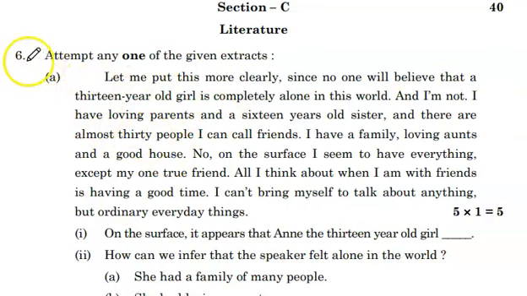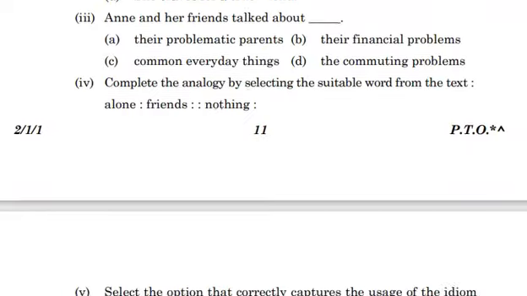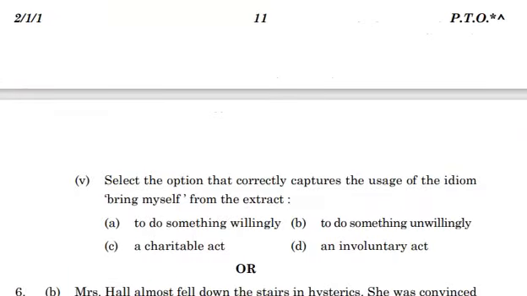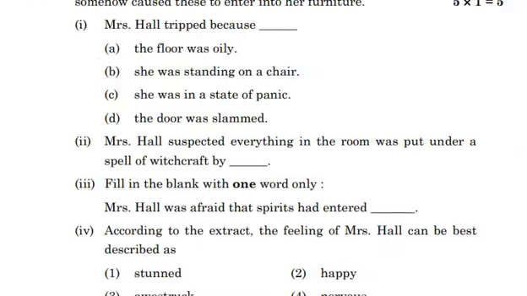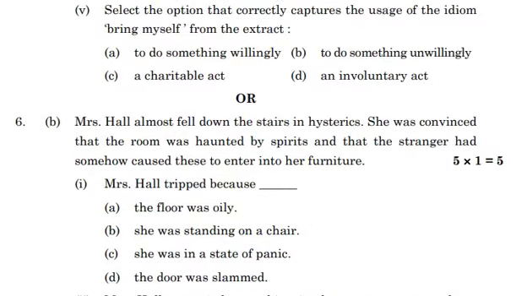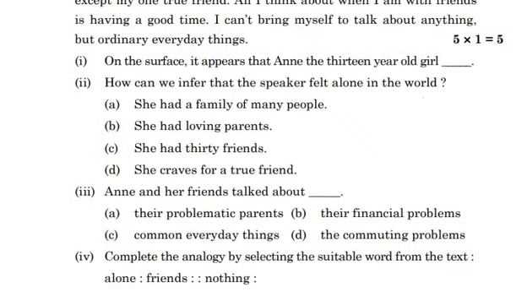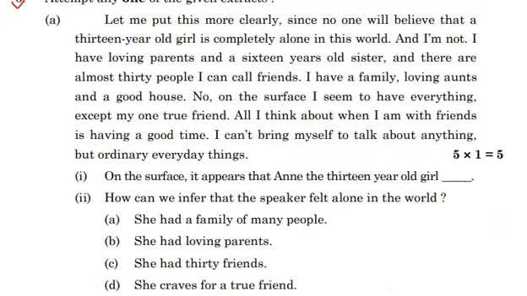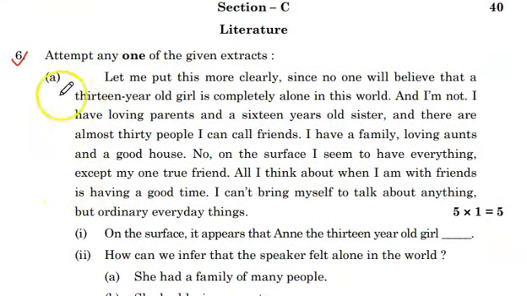So the first extract based question is, you can see question number 6. Again, as you can see, it has 2 options, 6A and 6B, right? 6A and 6B. I would advise you to apply the same concept, same style of answering. Read both the choices carefully and attempt the one about which you are more confident.